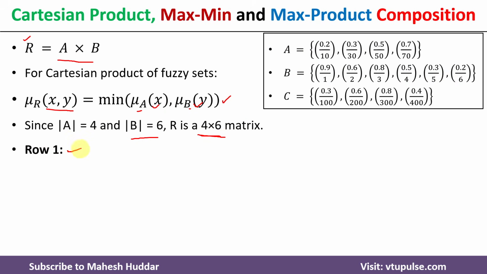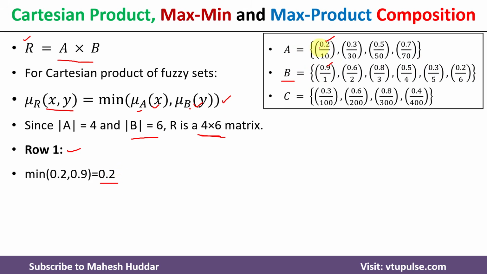First I will consider the first row. While computing the first row, we need to compare the membership values of the first fuzzy set with all the membership values of the second fuzzy set. So first I will consider the first value of the first fuzzy set, that is 0.2. We need to compare this 0.2 with all the membership values of the second fuzzy set B. We compare 0.2 with 0.9, and between these two values the minimum value is 0.2.